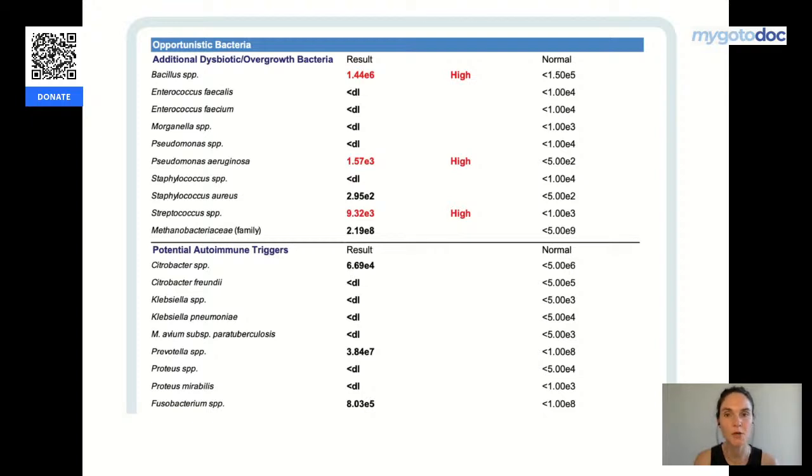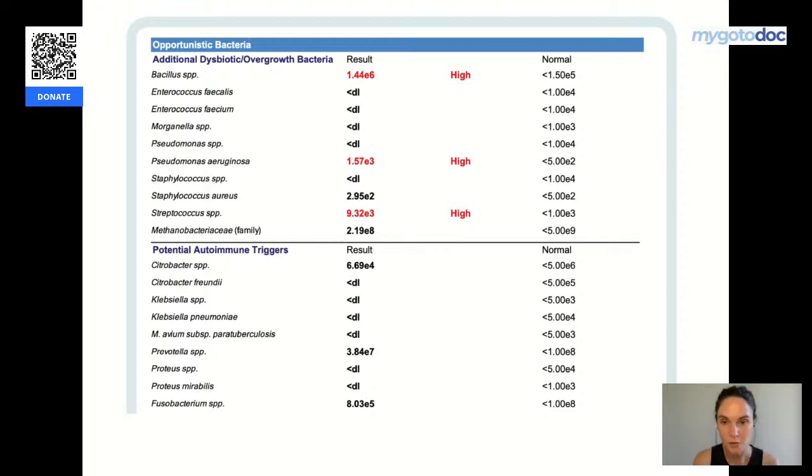So in this case, you can see this person has high bacillus, which is a gram-positive bacteria. High levels of it would indicate reduced digestive function, SIBO, or constipation. The next one, Pseudomonas. So it's a gram-negative. Increased levels indicate increased intestinal inflammation, abdominal cramping, loose stools. And this bacteria can actually produce toxins that damage the cells.